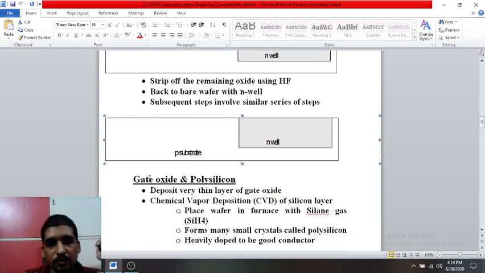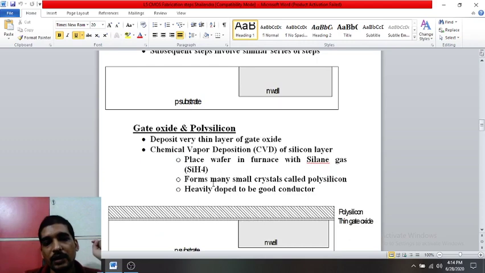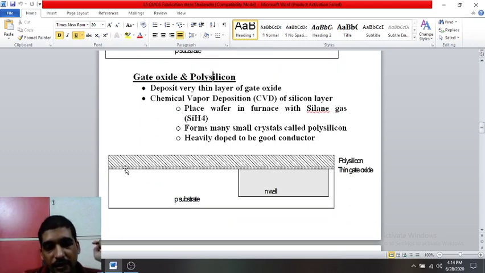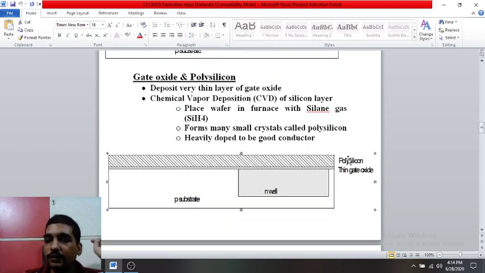So the next step is what? After this thick oxidation and the anvil, the next step is to grow the thin oxide layer to form the gate, and polysilicon patterning over it. We will deposit a very thin oxide layer over the surface and cover it with polysilicon. This is similar to what we have already done in CMOS fabrication.